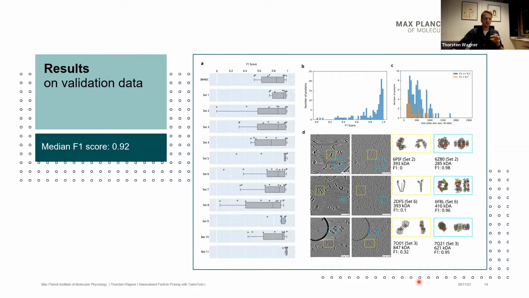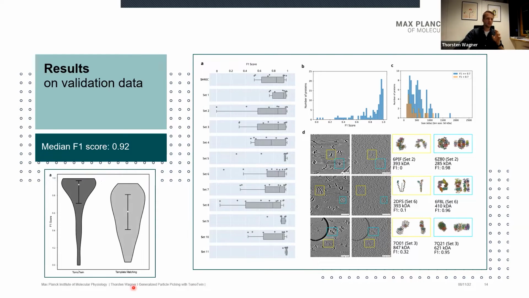We also compared it to template matching. So we took template matching, and then for each protein, I used a couple of thresholds, and we optimized several parameters using a grid search, and then I reported the best F1 score I could find for template matching.